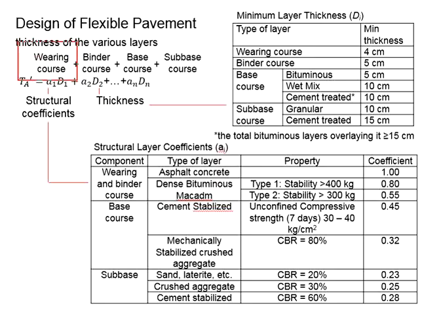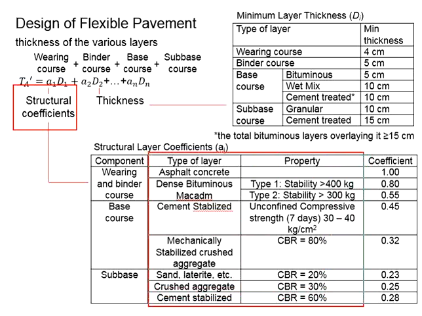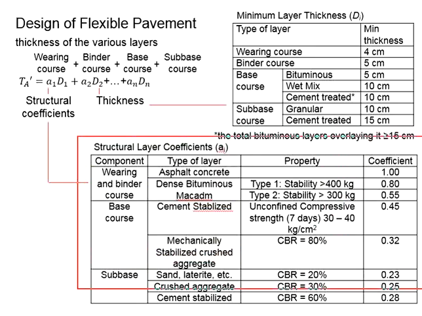We have wearing course, binder course, base course, and sub-base course. Each layer of the road has its own structural coefficient, which you can get from the table here. The structural coefficient is governed by the type and the properties of the road layers. You will need to first determine the layer coefficients.